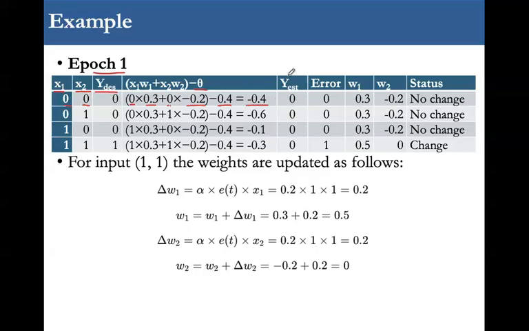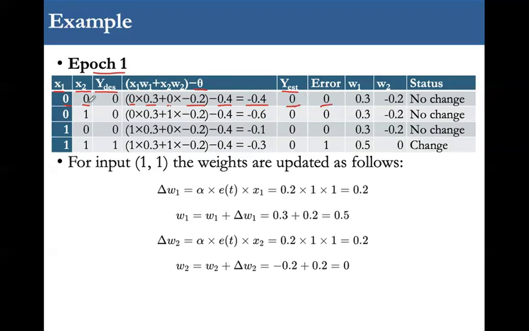And then we calculate y estimation. What is this y estimation? Y estimation is nothing but from this value you apply the activation function, step function. When you apply the step function, this minus 0.4 is less than 0. So the step function produces the output as 0. Then we calculate the error.